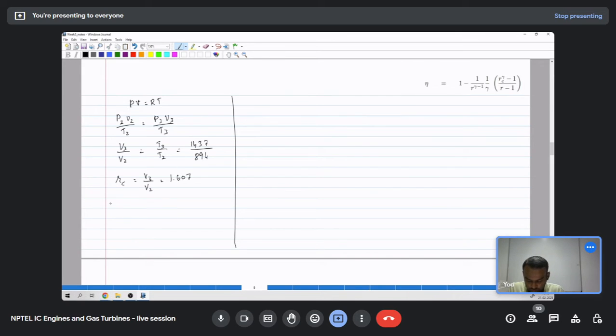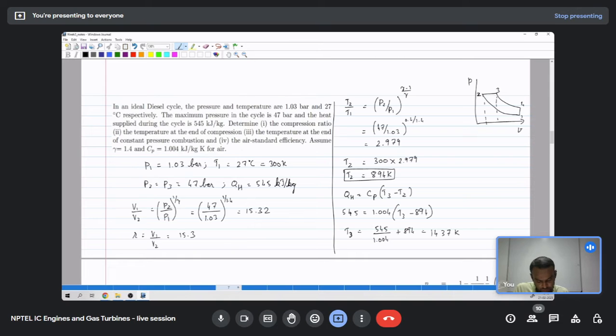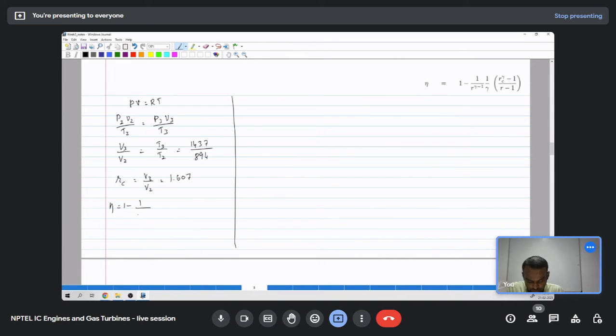So efficiency I have is 1 minus 1 by compression ratio, which was given, 15.3. It's here: 15.3 power 0.4, into 1 by 1.4, into cutoff ratio power gamma minus 1.